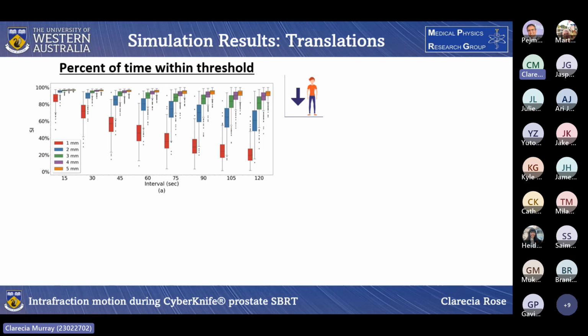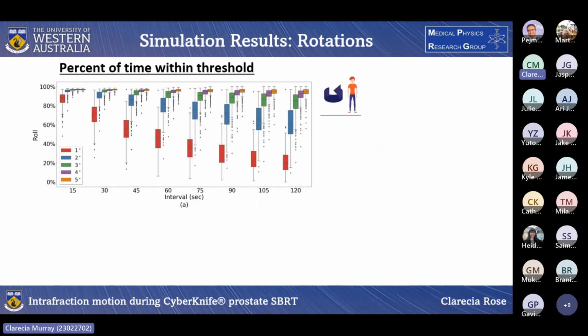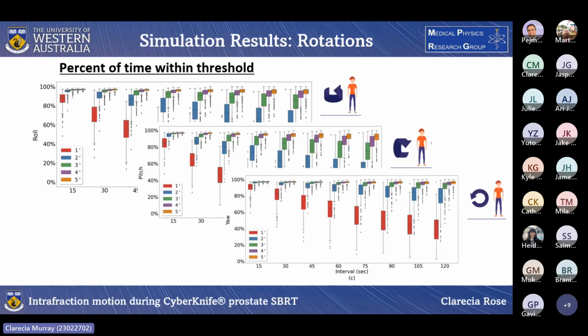As you can see, there is quite a wide spread of data. This is giving us the percent of their treatment time that patients spend within the given threshold, and the line on the box plot is just the mean of the patient cohort. This was repeated in the superior-inferior, left-right, and anterior-posterior directions, as well as the roll, pitch, and yaw.